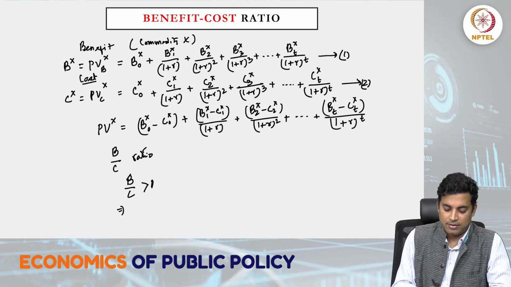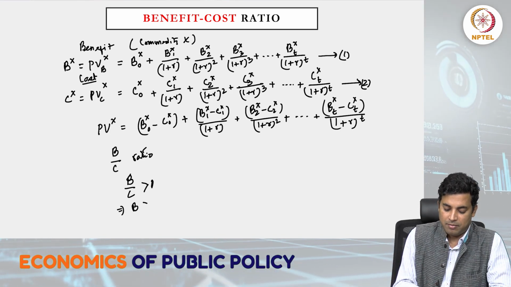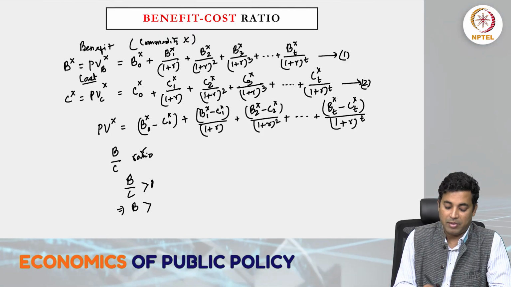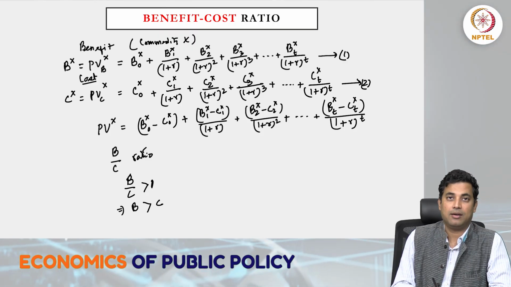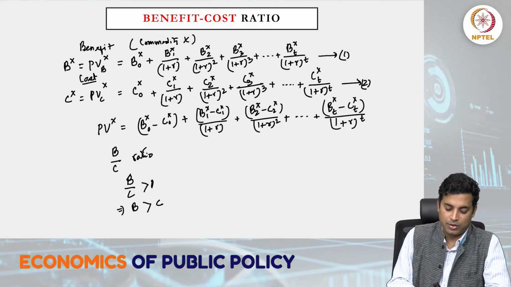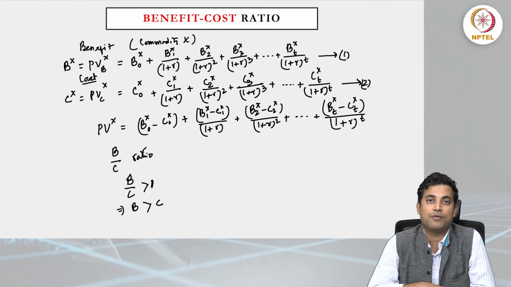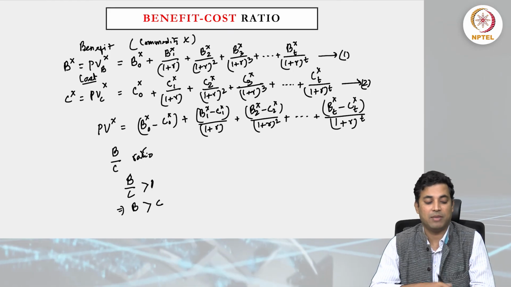So in short, benefit is higher than c, right? So this is what we get from the benefit to cost ratio of public policy measures.